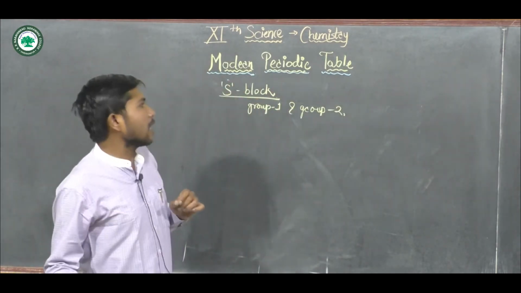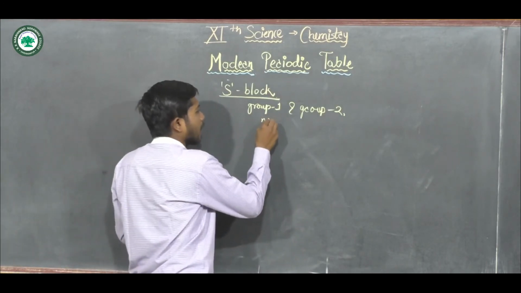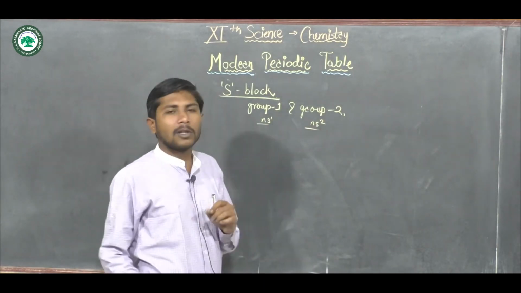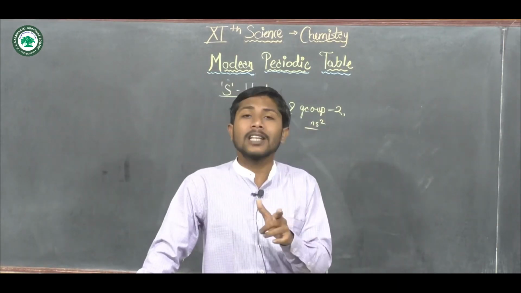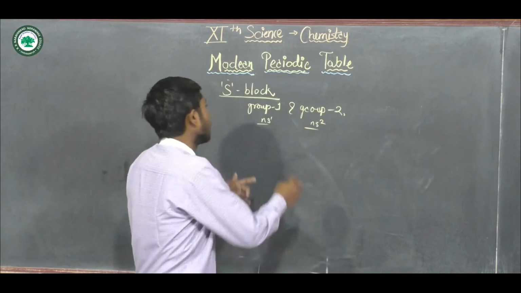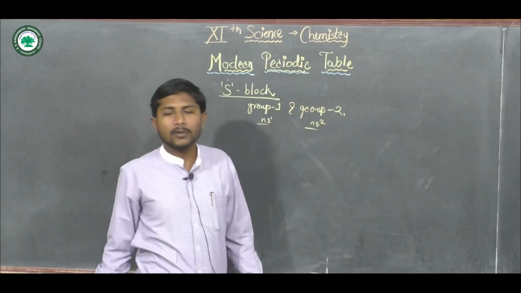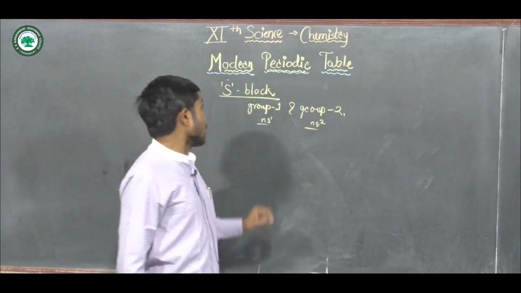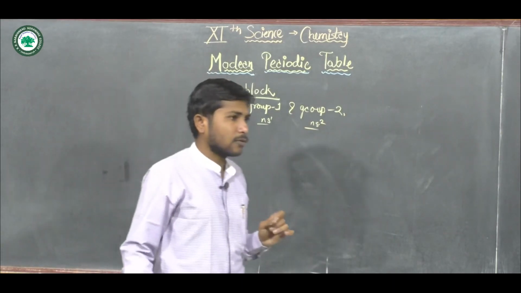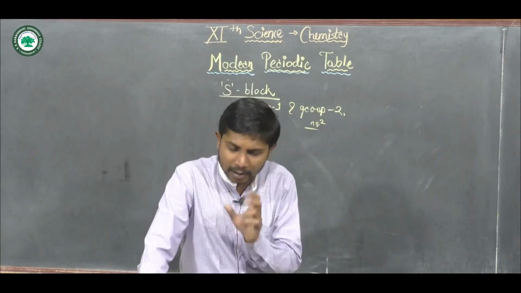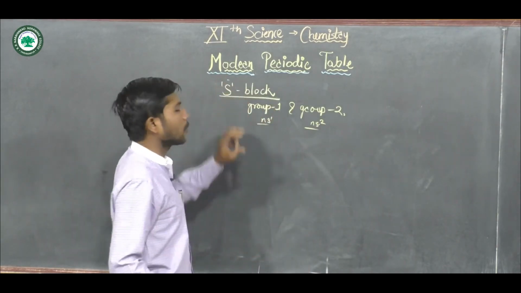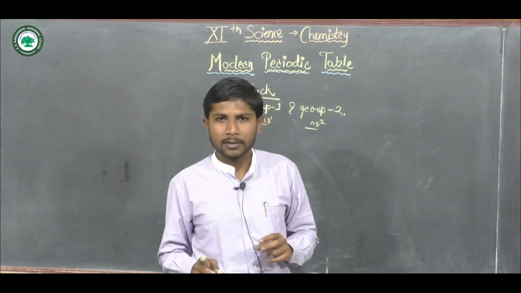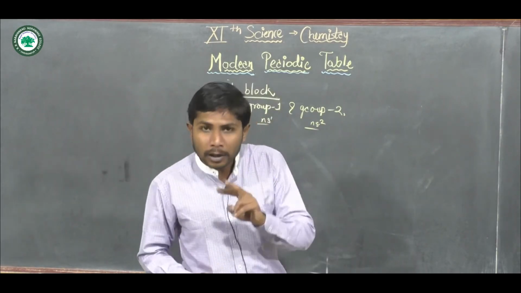As we know, the general electronic configuration here is ns1 and ns2, that's why the outer electron or valence electron is present in the s orbital, and that's why they are placed in s block elements. As we have studied while studying the structure of atom, the s orbital has only one orbit and occupies only two electrons.